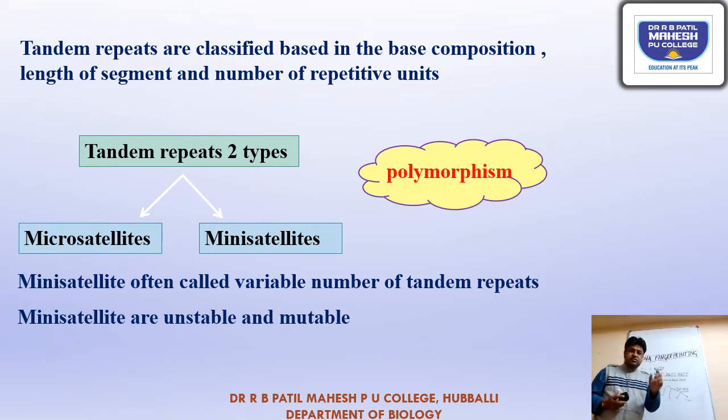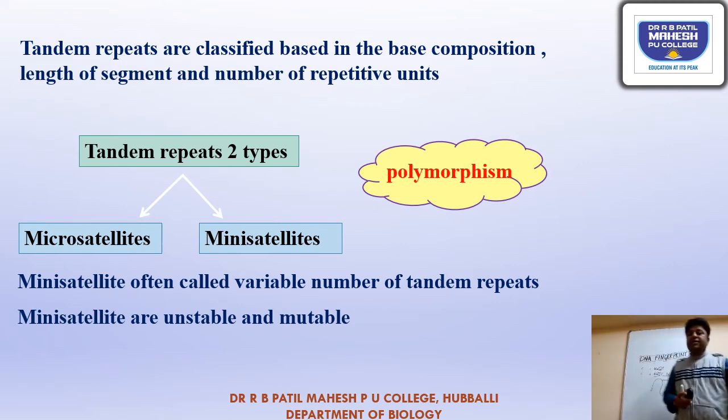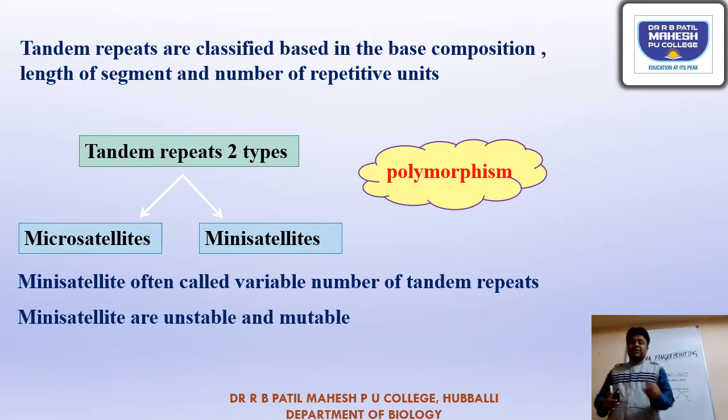You already know that mutations occur in both cells, somatic cells as well as germ cells. Not only in the coding sequences, in non-coding sequences also mutations take place. So mutation is not restricted to the coding sequences of DNA. It also takes place in non-coding sequences of DNA. So that results in DNA polymorphism.